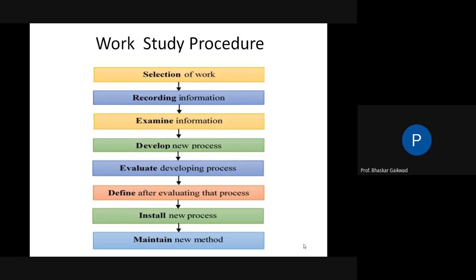You can select any work related area, record this ongoing process, critically examine this process, develop the new process, evaluate that process, meaning cost estimation, then install that new process and maintain it. This is actually the work study procedure.